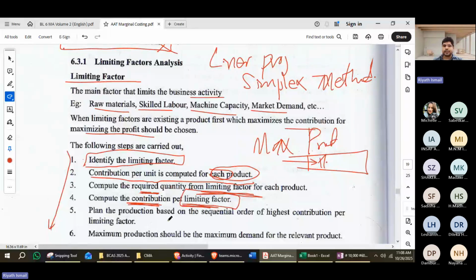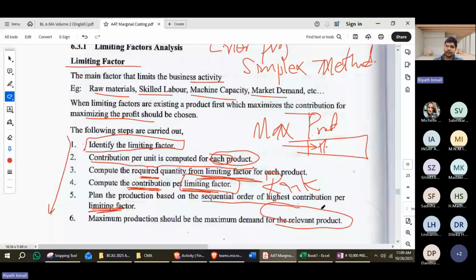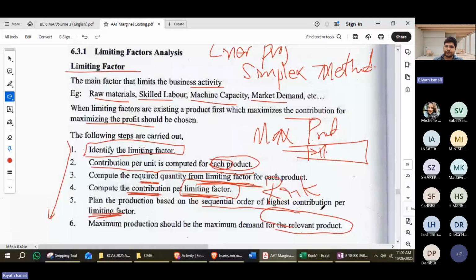Plan the production based on the sequential order of highest contribution per limiting factor. Then we have to rank them, and finally, maximum production should be the maximum demand for the relevant product. So in this method, we will do this.